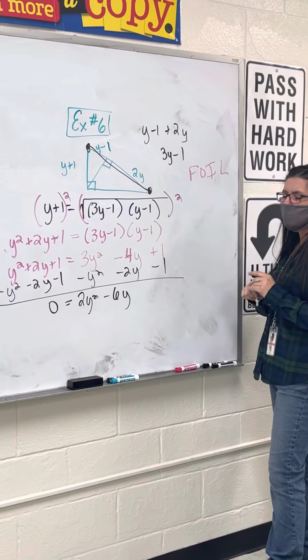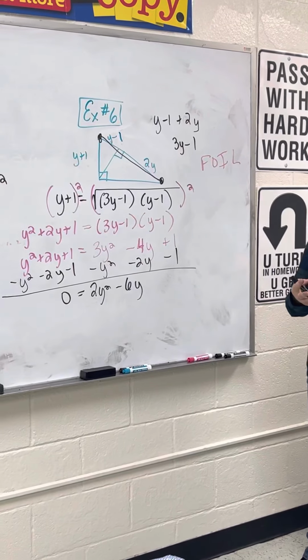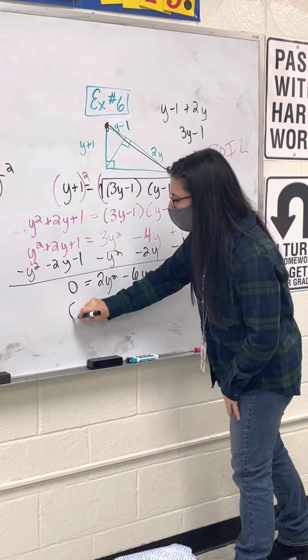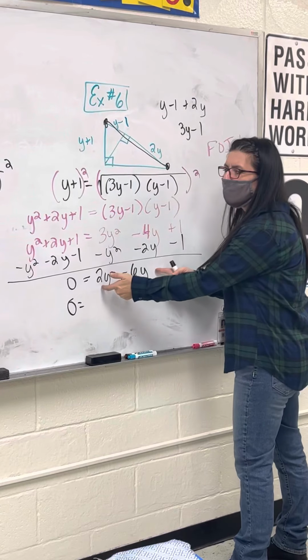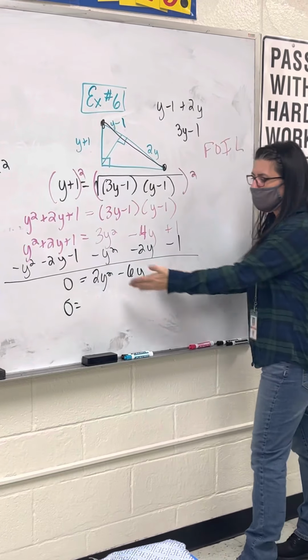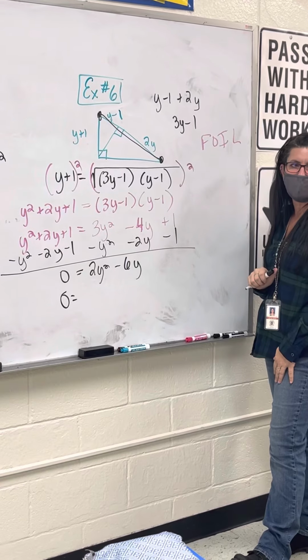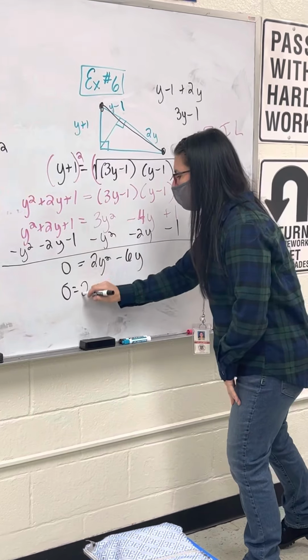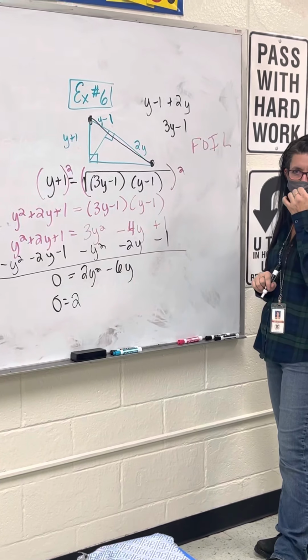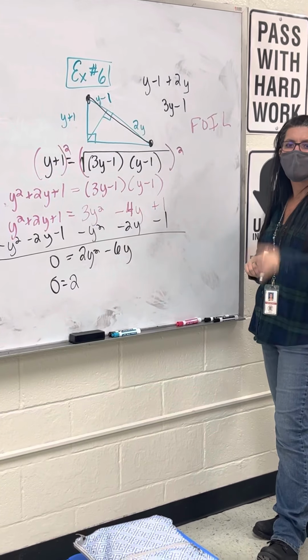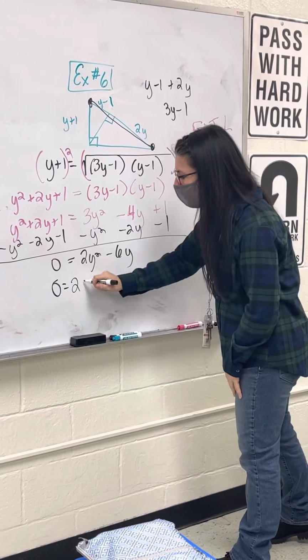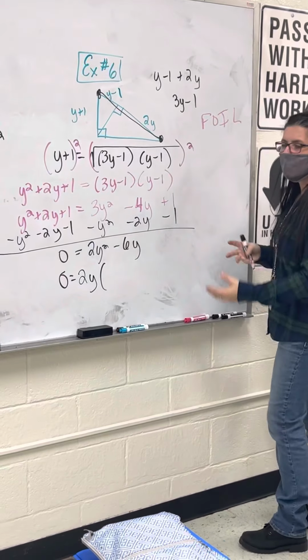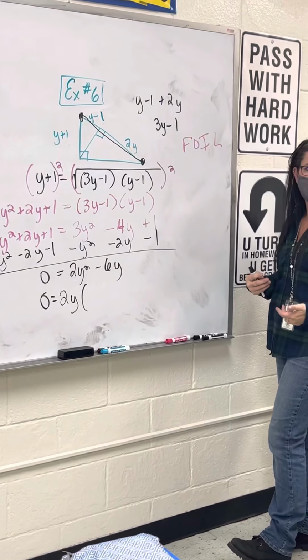Next thing I'm going to do is pull apart any common factors. So let's talk about this in two separate steps. What number do these two terms have in common? They're both multiples of 2. How many y's do they have in common? There's one y that they both have in common. So what I did was I divided out a 2y.